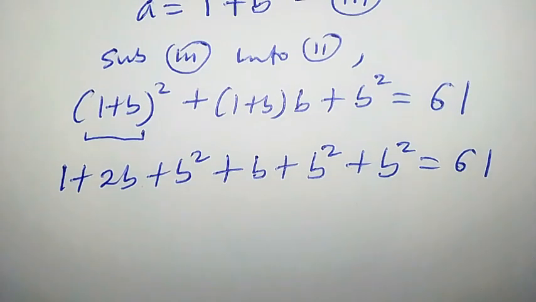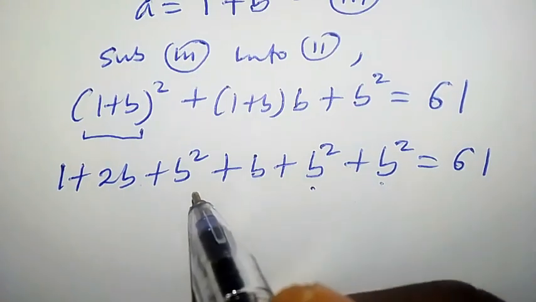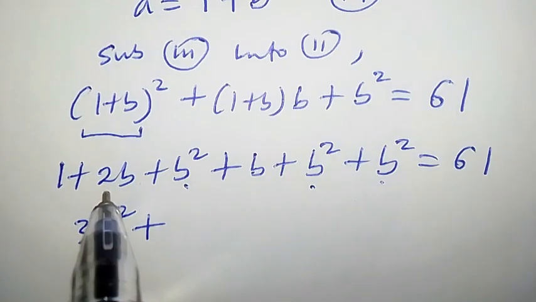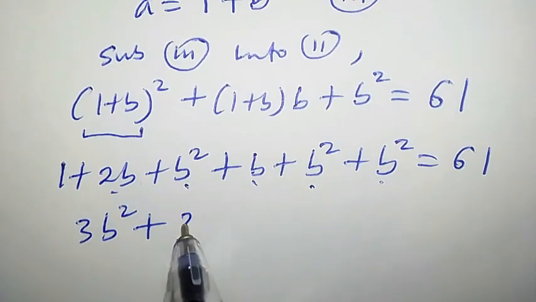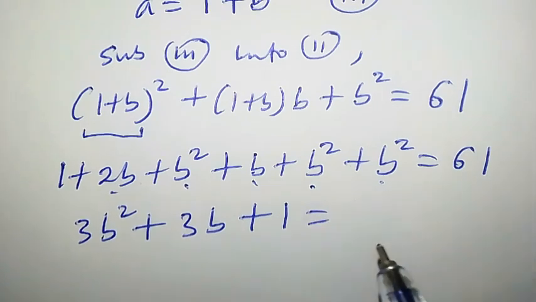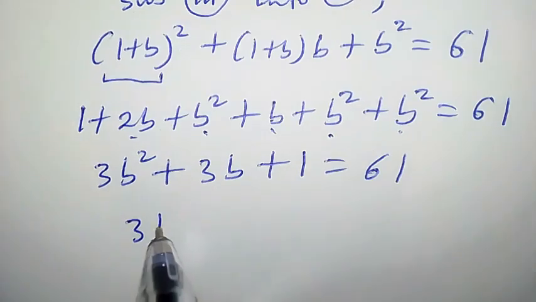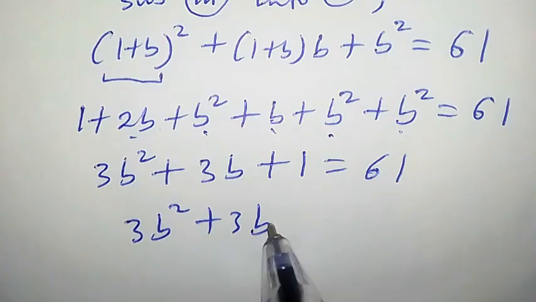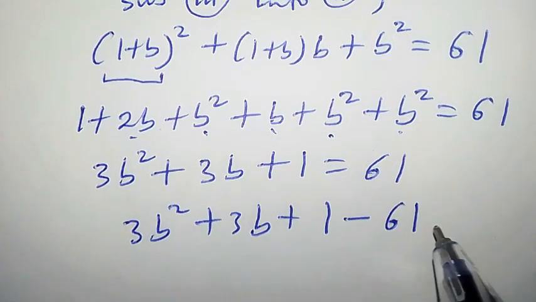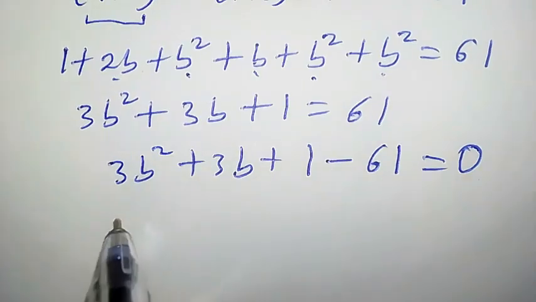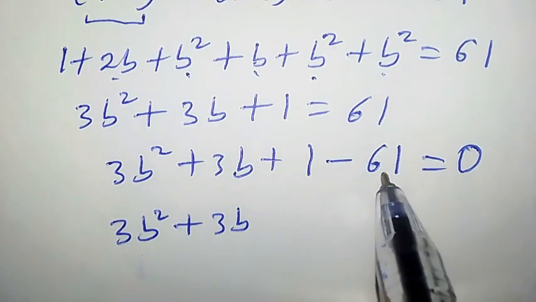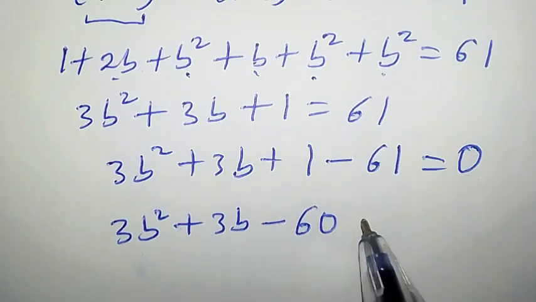Now let us add the common terms. b squared plus b squared plus b squared is 3b squared, plus 2b plus b is 3b, plus 1 equal to 61. When 61 comes to the left, it becomes minus 61 equal to 0. So we have 3b squared plus 3b, 1 minus 61 that is minus 60, equal to 0.